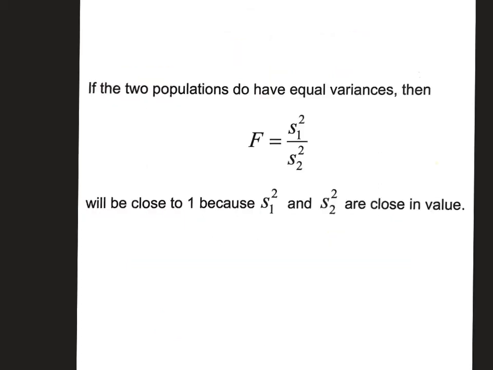Okay, if two populations have equal variances, then your test stat is going to be close to 1. Think about it: if the populations have equal variances, their samples are going to have close to equal variances. And if the numerator and denominator in a fraction are very close to each other, that fraction is going to be very close to 1.